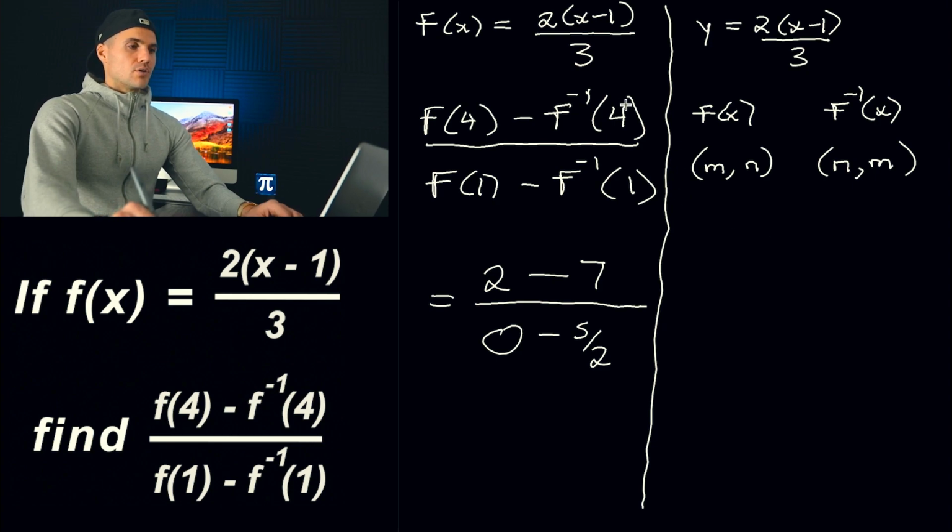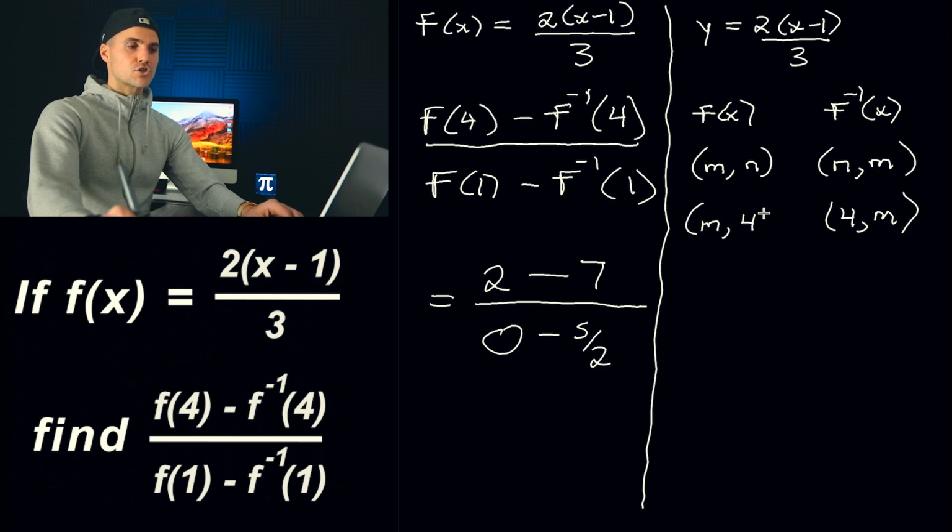So if they're asking for f inverse of 4, what you could do is reverse this. It's basically like them asking you to solve for the x value on the function given a y value for it. Here, this is like given an x value on the inverse, which is the same as having the function have that corresponding y value. So you could just plug in 4 for the y value of the original function and then solve for that x value.